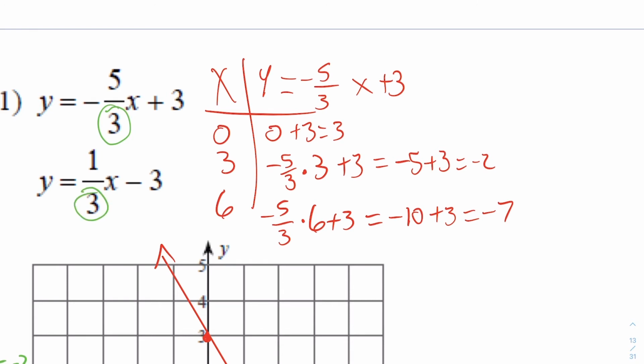Since the denominator was 3, I picked 0, 3, and 6 because I knew that whenever I have to multiply by x, if I am multiplying by a multiple of 3 and I'm dividing by 3, because that's what's in the fraction, it's going to multiply out to be nice and easy, like that -5 and that -10.